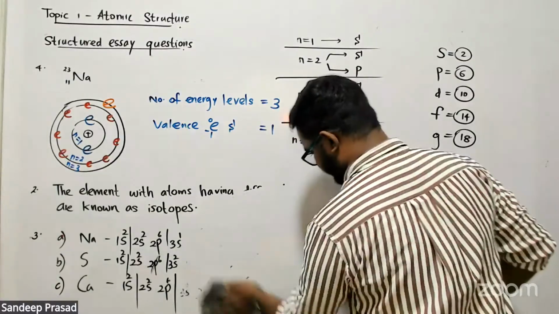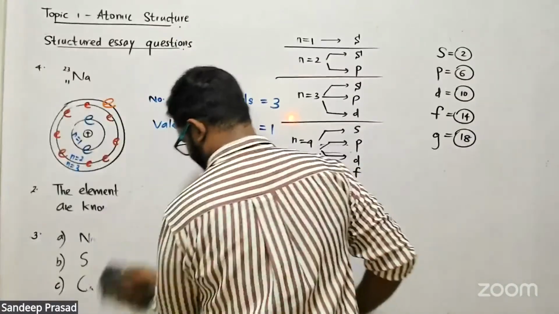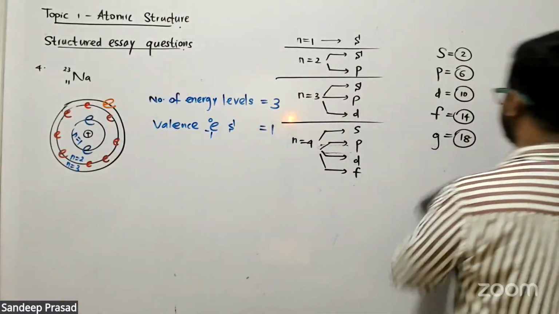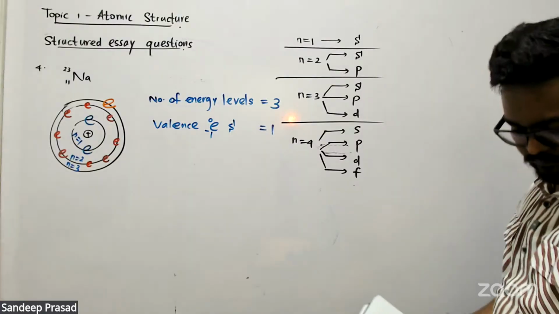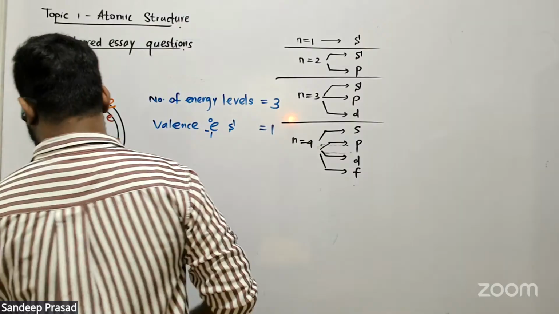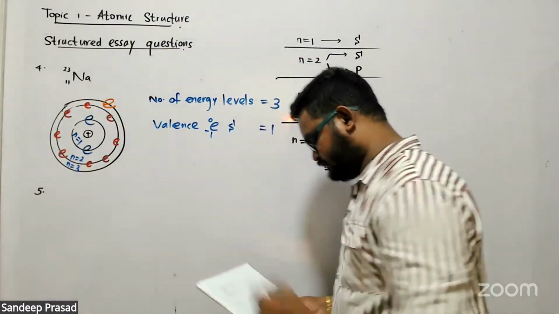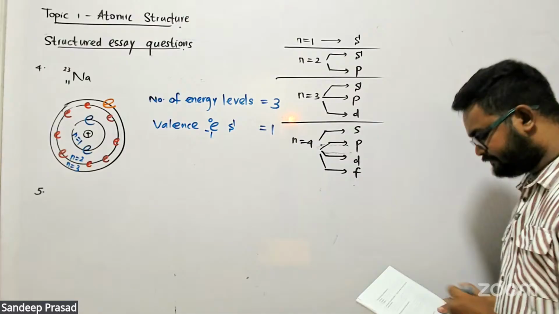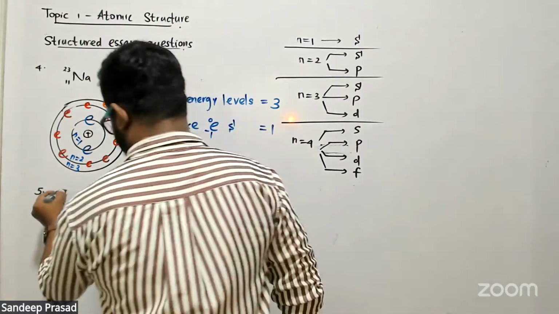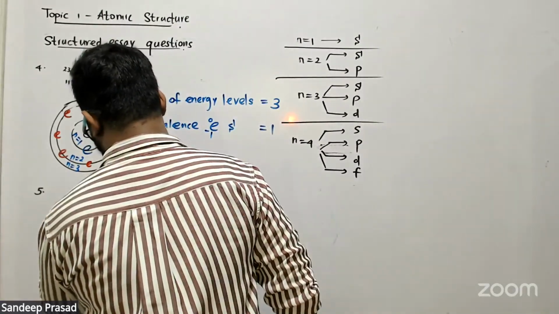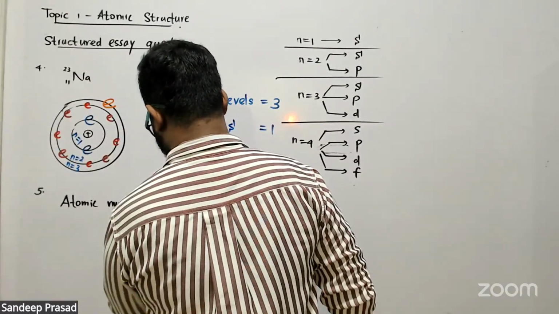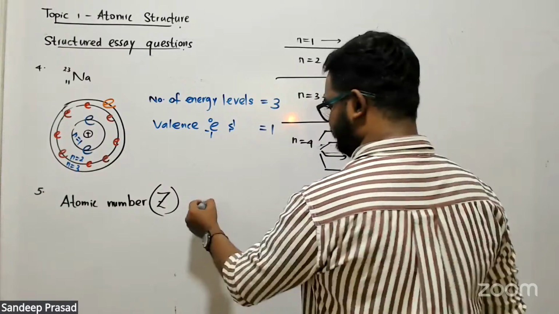Now let's go to question number 5. Define atomic number and the mass number. It's very easy. Atomic number is denoted by Z. Right? So what is atomic number?